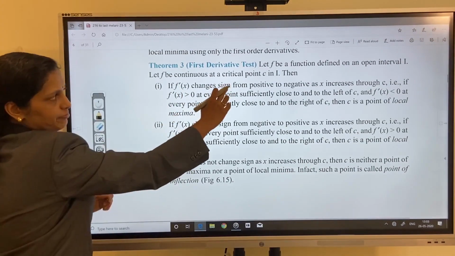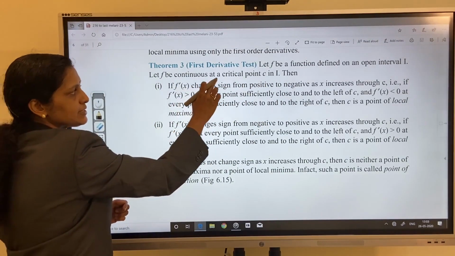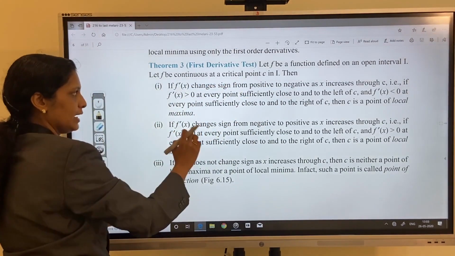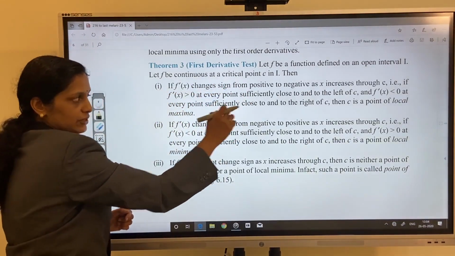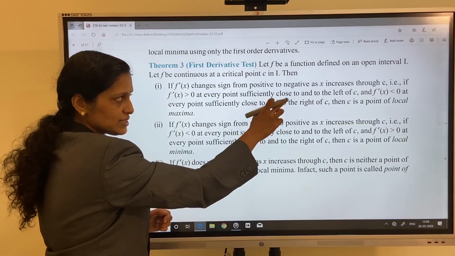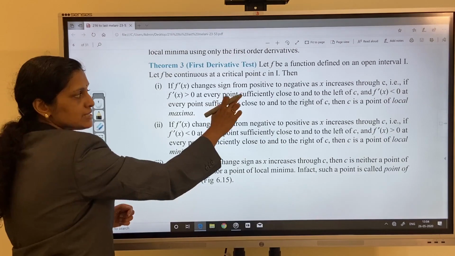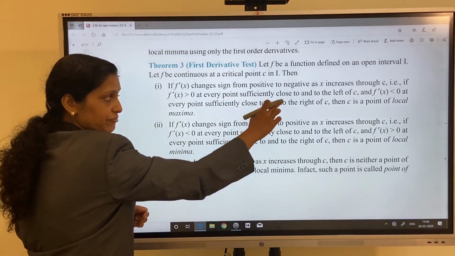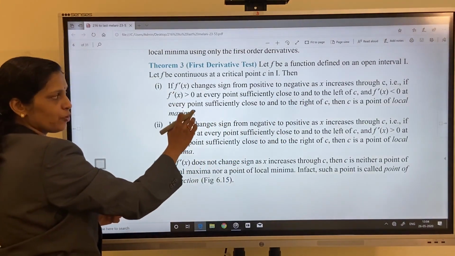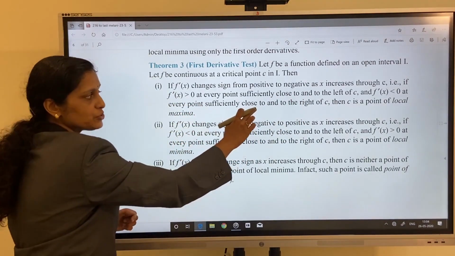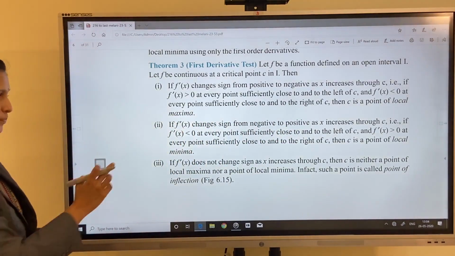Let f be a function defined on an open interval I. Let f be continuous at a critical point C in I. Then, if f dash x changes sign from positive to negative as x increases through C, that is, if f dash x is greater than 0 at every point sufficiently close to and to the left of C, and f dash x is less than 0 at every point sufficiently close to and to the right of C, then C is a point of local maxima.